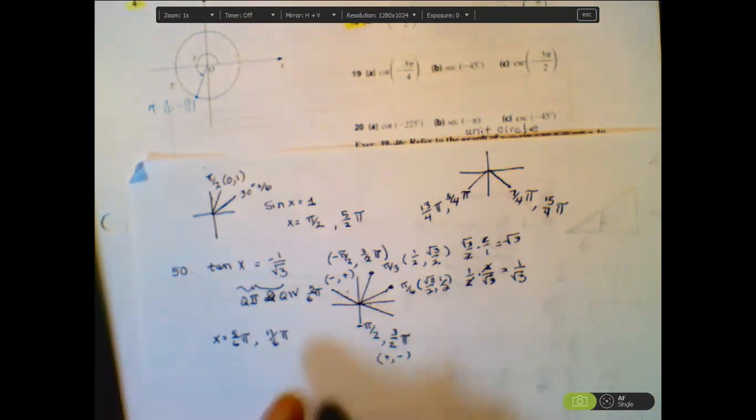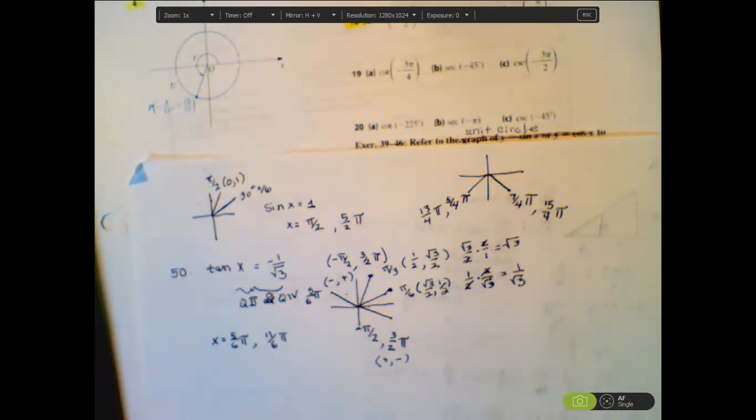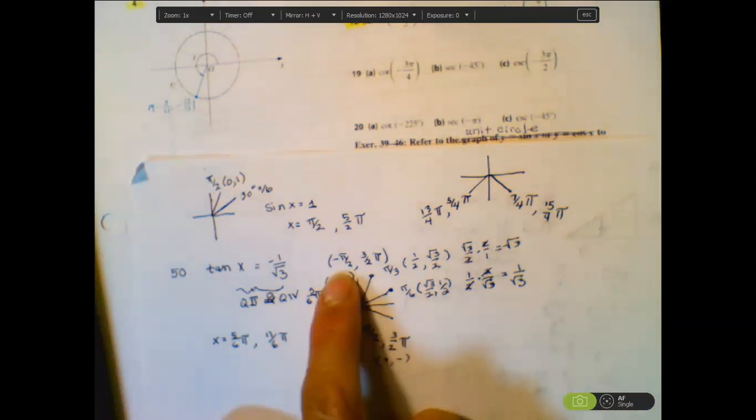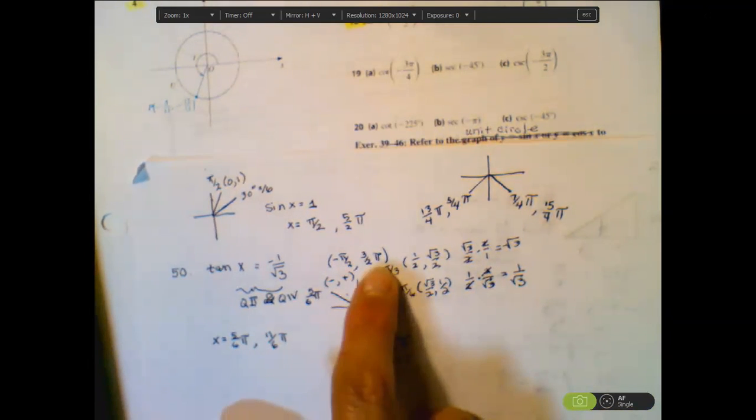Now, if we go around the unit circle again, or let me say one thing before that. Is 5 pi over 6 between negative pi over 2 and 3/2 pi?